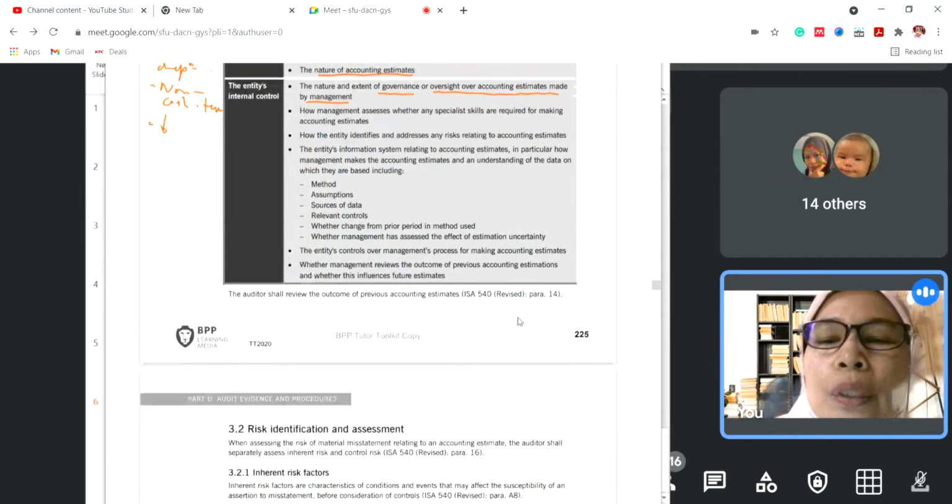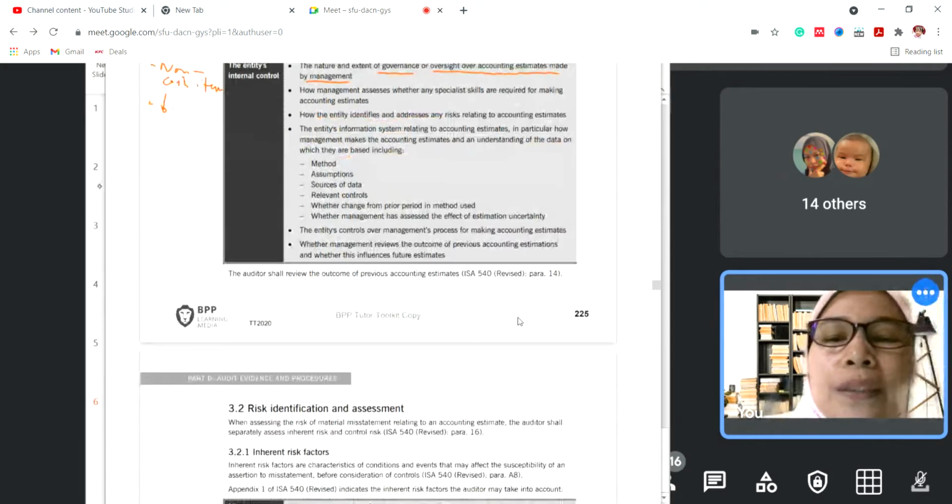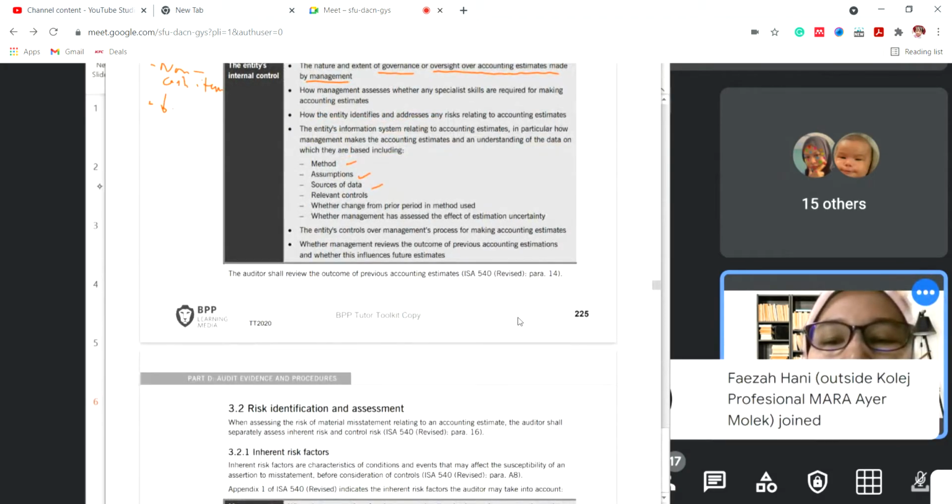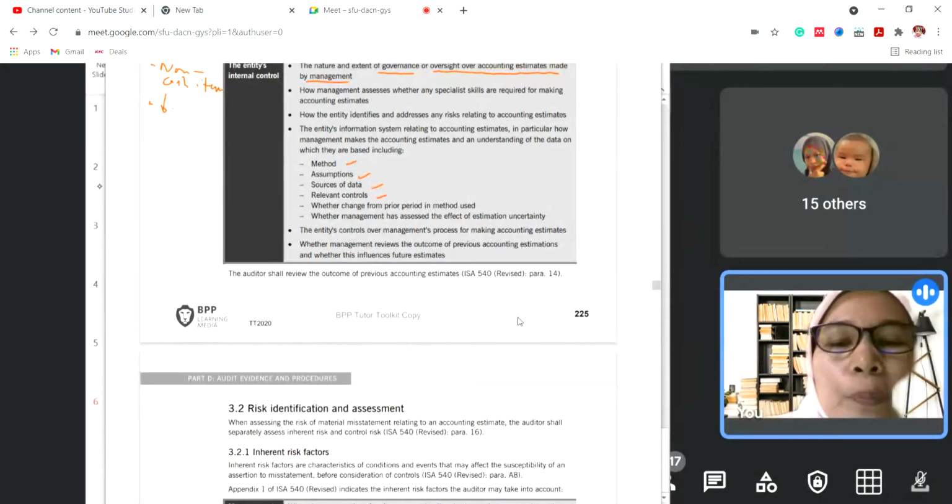So when talking about the accounting estimate, you have to look at the method, assumption, sources of data, relevant control, the change of period from the previous year to the current year, and whether management has assessed the effect of estimation uncertainty. As an example, on the assumption, where the accounting estimate is applied in the current year, it should be consistently applied in future years.